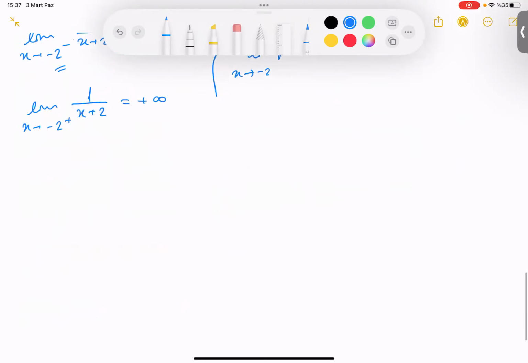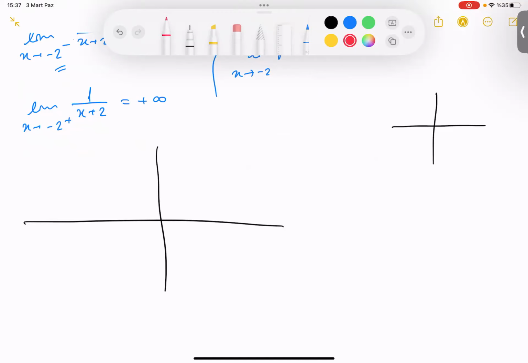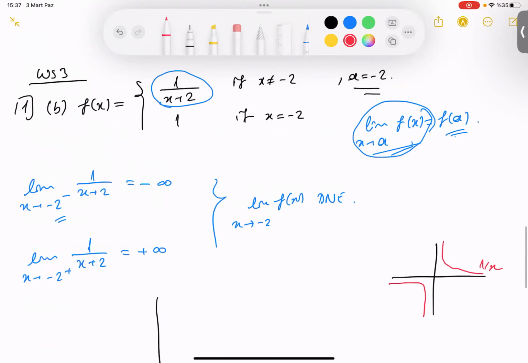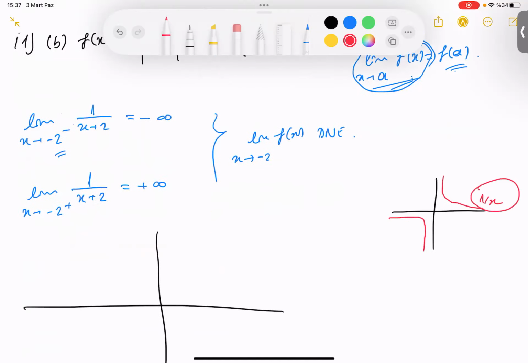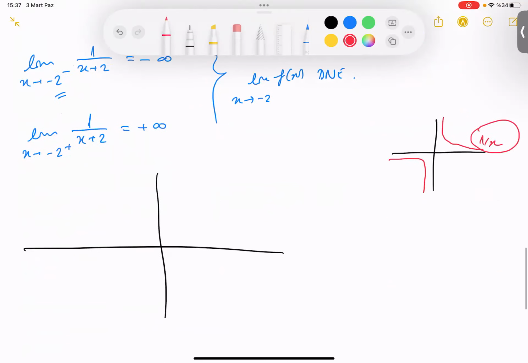So let's sketch the graph. You need to know the graph of 1 over x to sketch this one. The function is defined by 1 over x plus 2 if x is not equal to -2, which means you need to shift the graph of 1 over x to the left 2 units, right?